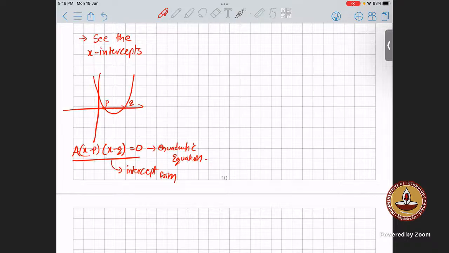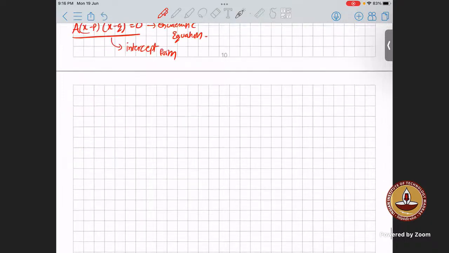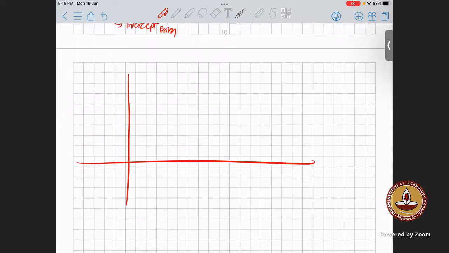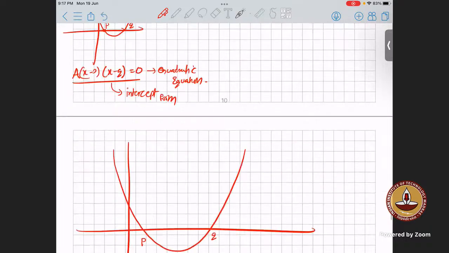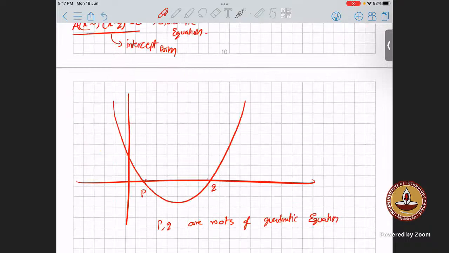Do I need to explain this again? Please explain it. Look carefully. Suppose there are two roots, p and q. You know that p and q are roots of the quadratic equation, because by the graphical method, when you see the x-intercepts, you can tell.